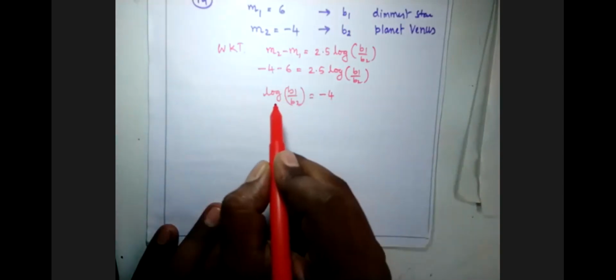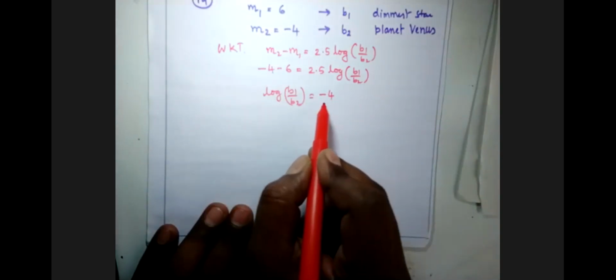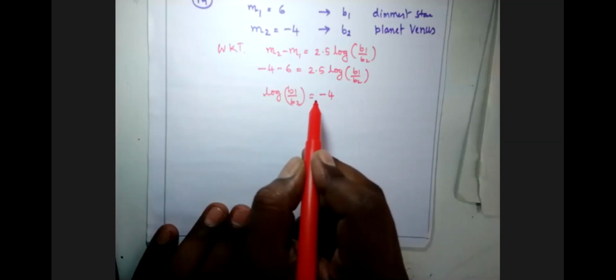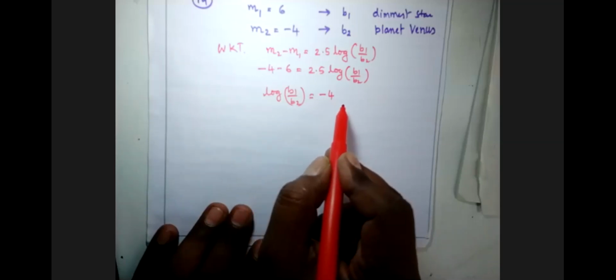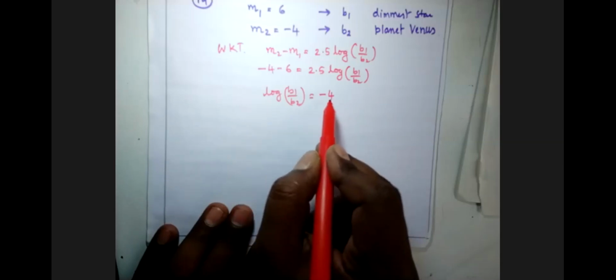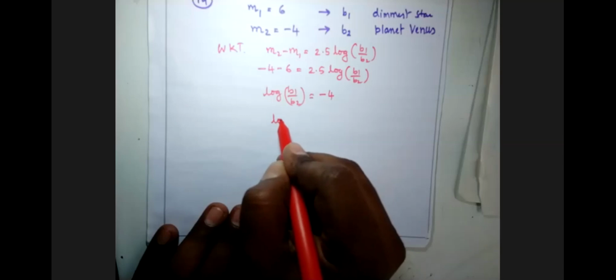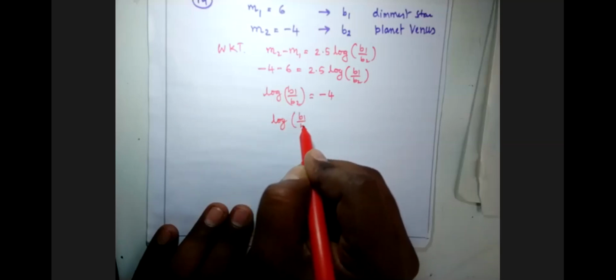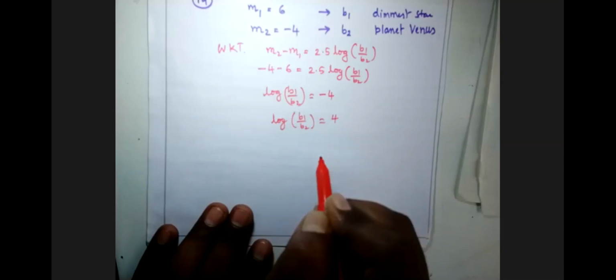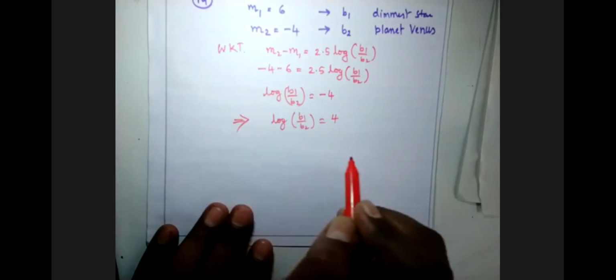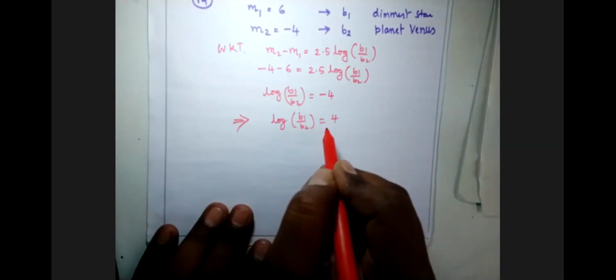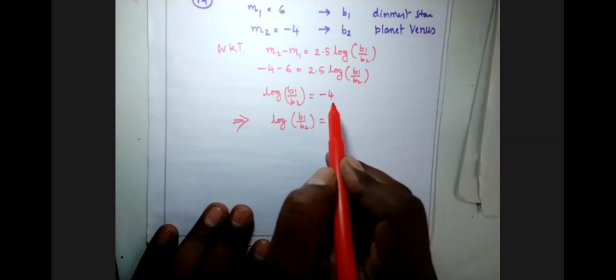Whenever we get negative values, it will be difficult to take the anti-log using calculators. So first convert it into a positive number by taking the reciprocal. Log of B1 by B2 is equal to -4, so log of B2 by B1 is equal to +4. Be careful with this type of conversion.